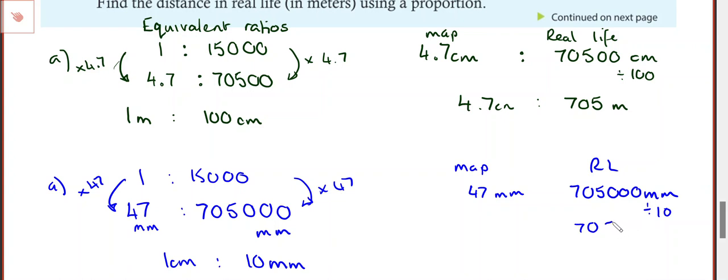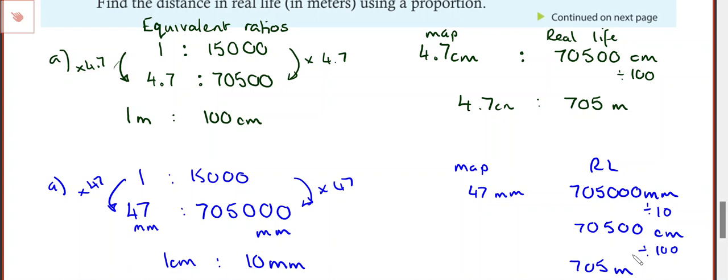So we would then do 70,500 centimeters, and that puts us where we were anyway. So now we would divide by 100 to get 705 meters. Yes, that would be a one-step way to do it, definitely.